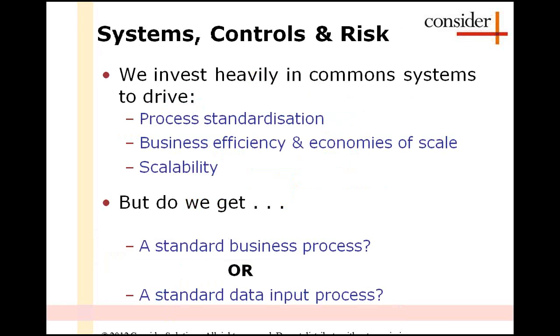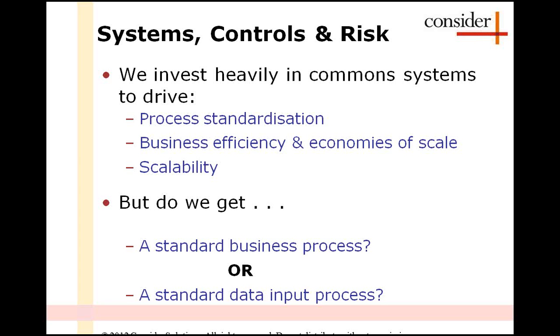The other part of the problem when we're thinking about our controls and risks as they relate to the big systems that run our accounting business processes is that we're all working in organizations that have invested heavily in common systems to drive process standardization across the organization, to give us business efficiency and economies of scale, and also give us scalability so we can start up new operations without too much trouble.